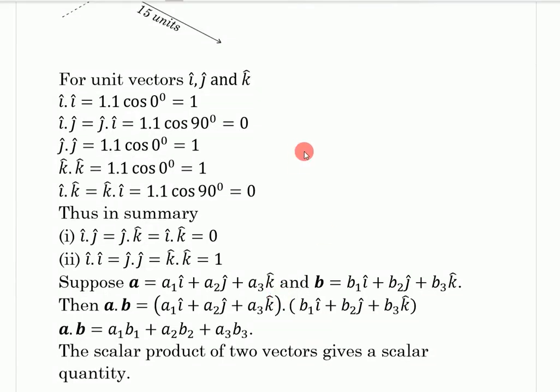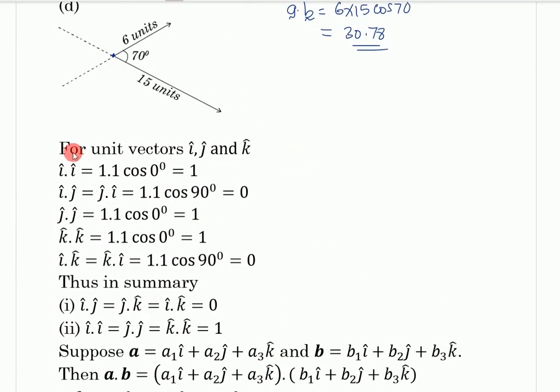Now we have the unit vectors I, J, and K. For the unit vectors I, J, and K, they also have their dot product. You can dot them and get their dot product. So when I have a unit vector I and I get it dotted with I, what do I get? Remember the definition of a dot product: magnitude of the first one times magnitude of the second one.